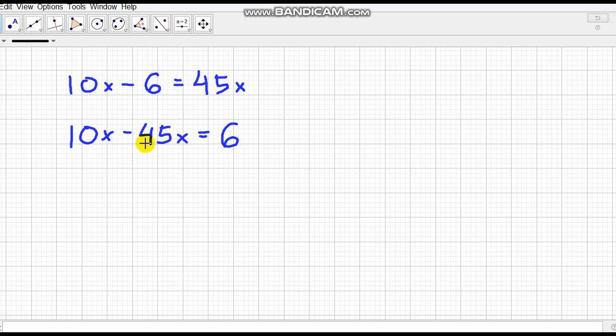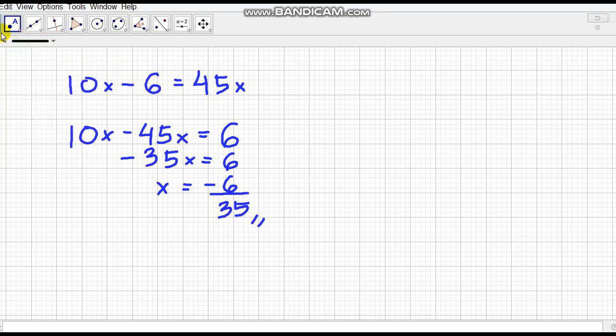So 10x minus 45x would be negative 35x is equal to 6. Let's divide both sides by negative 35. So x is equal to negative 6 over 35. So this is our solution.